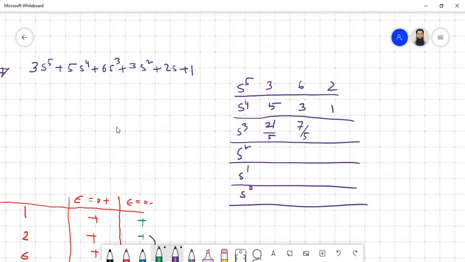As you can see, 1 by 5 is common, so both of them can be multiplied by 5, and divided by 7. So what we are going to get here is basically 3, and here 1.